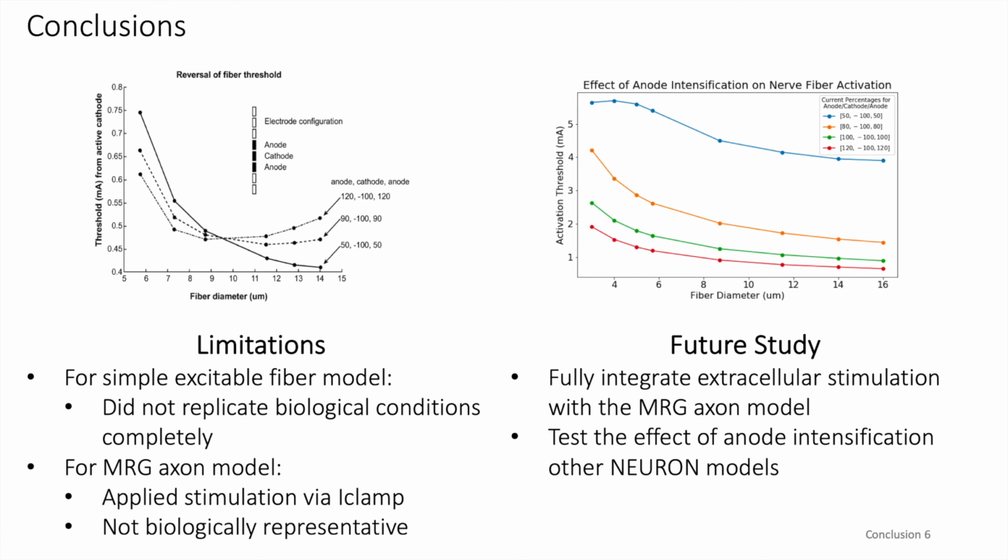Additionally, we would want to test the effects of anode intensification on other models, so other neuron models taken from the database available online. The reason we'd want to do this is to understand what biophysical mechanisms may be leading to recruitment order reversal.